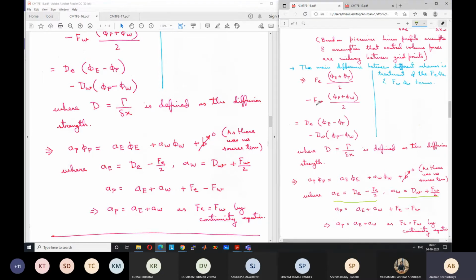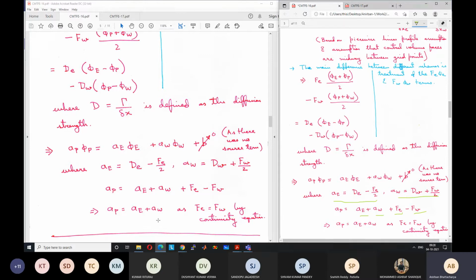So dE plus Fe by 2 can be written as AE plus Fe, and dW minus Fw by 2 can be written as AW minus Fw. So ultimately AP is equal to AE plus AW plus Fe minus Fw.